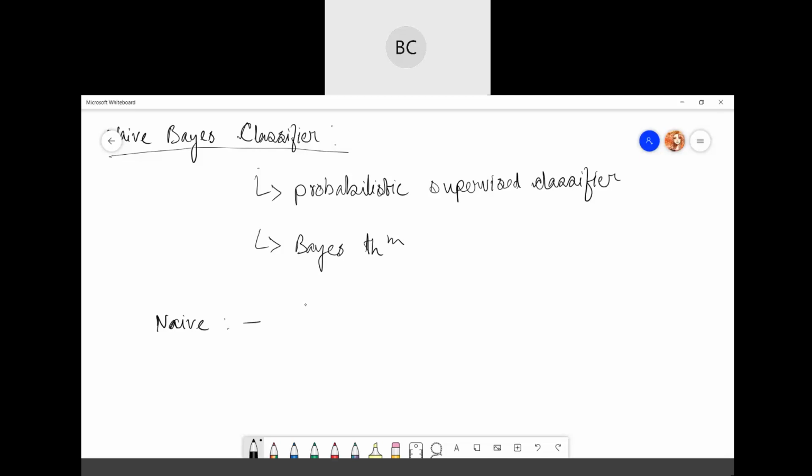If you take color and shape, color is not going to affect the shape. All of these are independent features, and the occurrence of one type of feature is not going to affect the identification process.